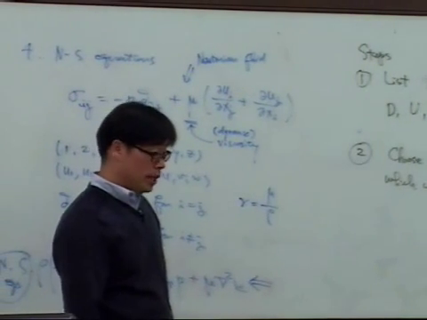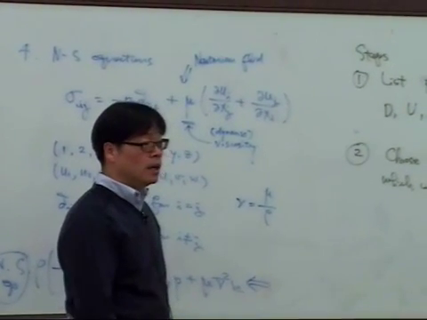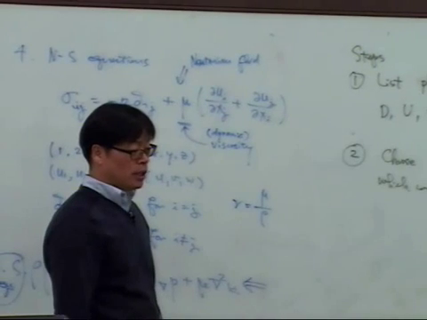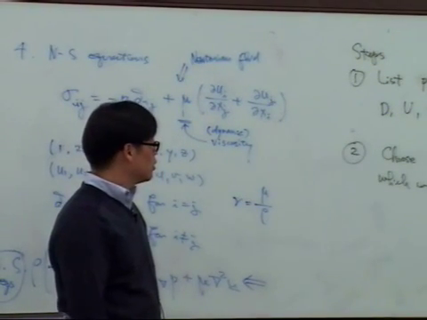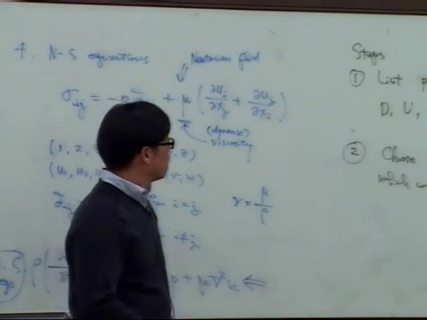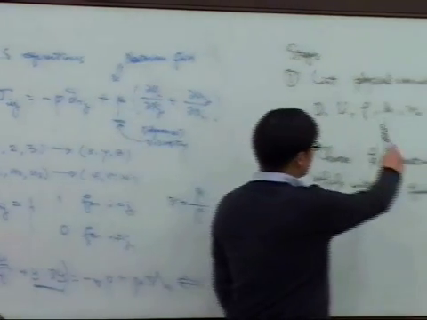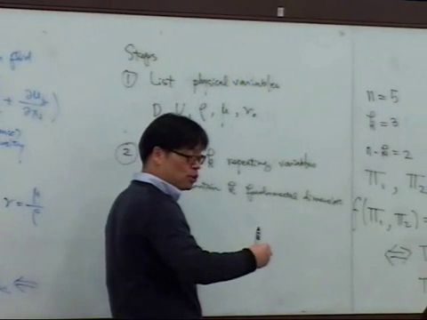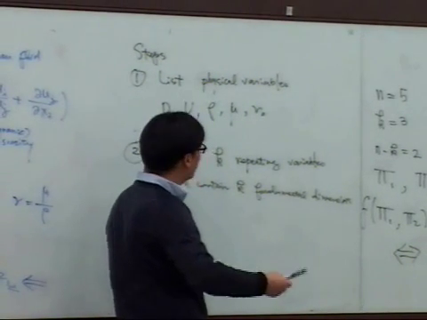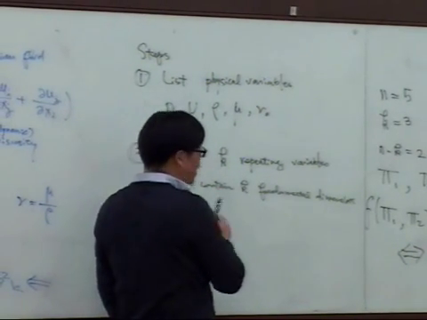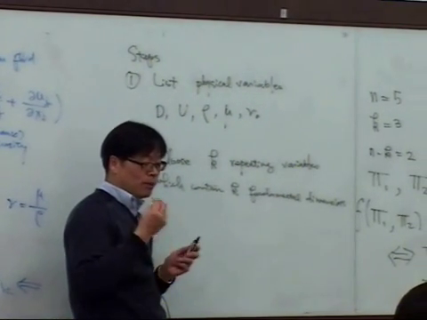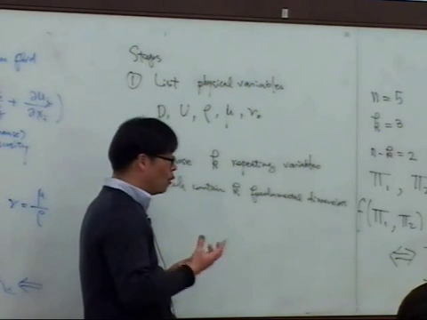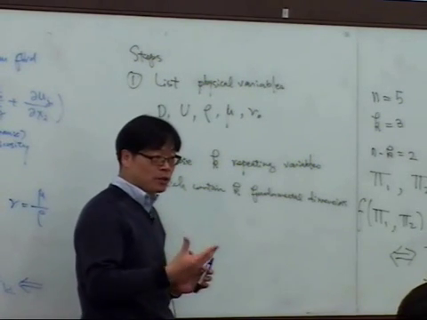So for our case, k is 3, as I said. M, L, T are the three fundamental dimensions. And you have to choose the three physical variables which we're going to use repeatedly. But when you choose the repeating variables, you have to choose ones which contain all 3 fundamental dimensions.